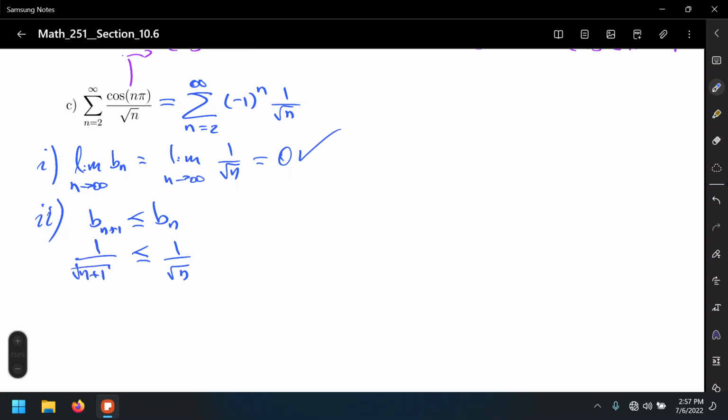Now, is that inequality true? Yes. This means, because both conditions are satisfied, that the series converges by the alternating series test.